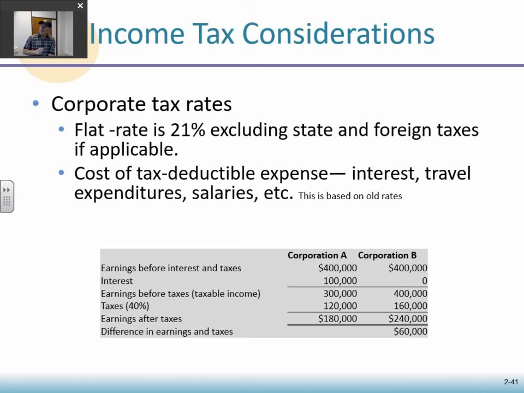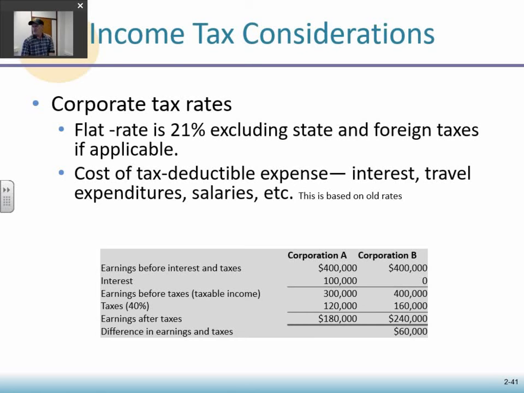I gotta go back and try to remember. In any event, when the tax rate came down, the future advantage of that was less because the tax rates were gonna be less versus greater, if that makes sense. You were gonna have less of a write-off in the future is what it amounts to than what you had when the tax rates were higher.